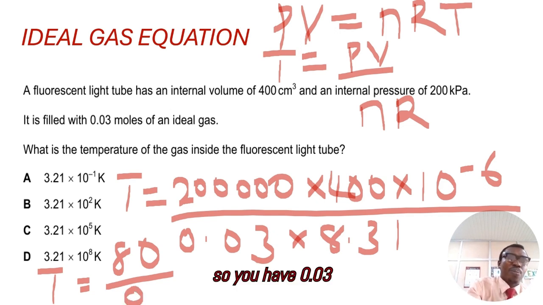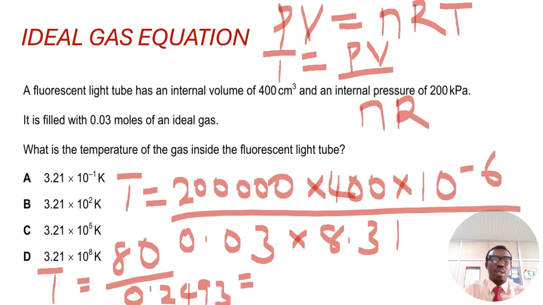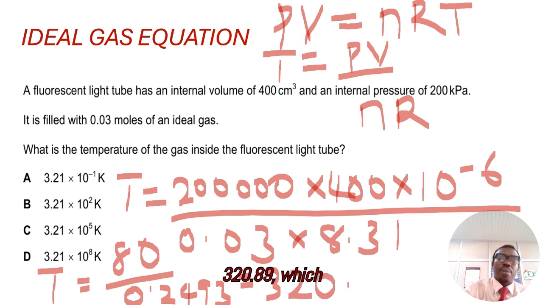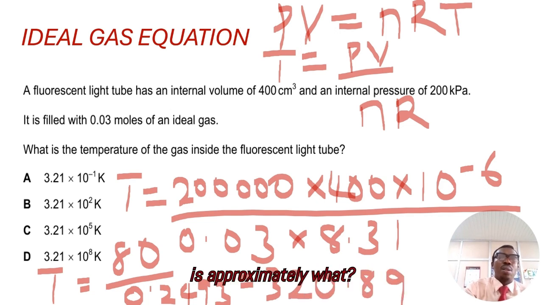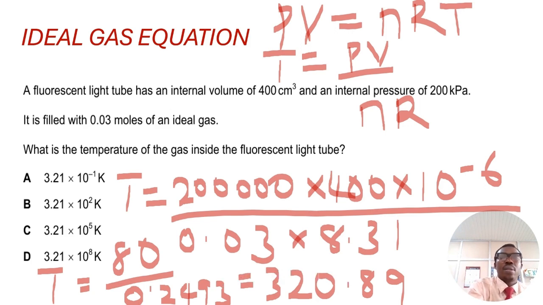So you have 0.2493, which will now be equal to 80 divided by 0.2493 is equal to 320.89, which is approximately what?